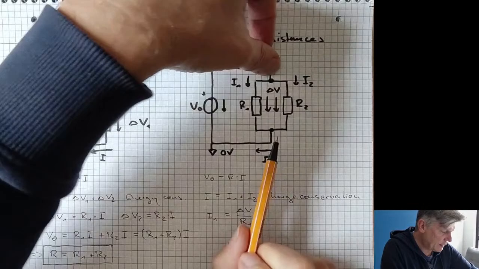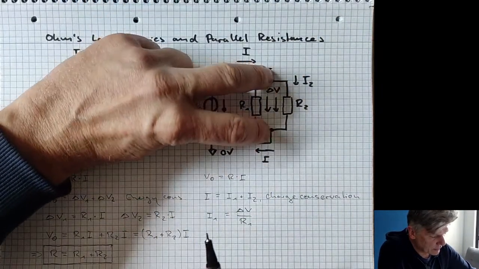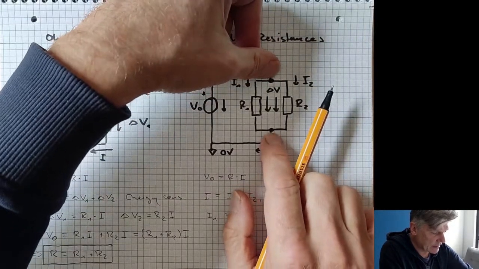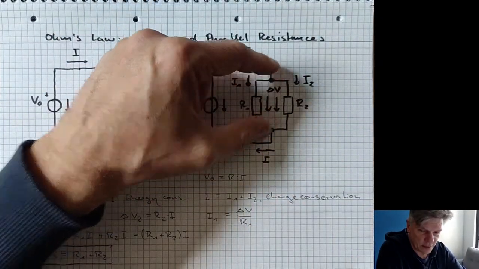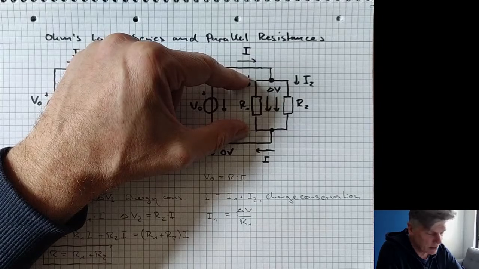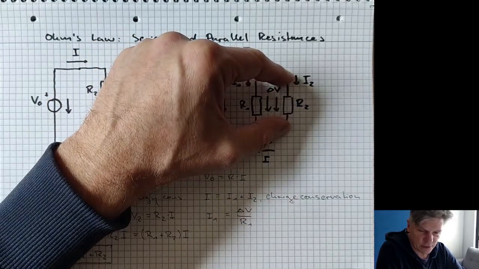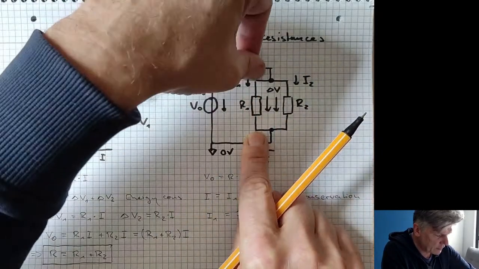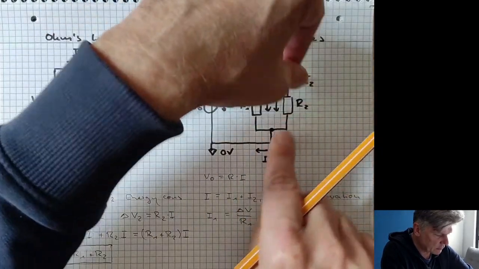But what you can see when you compare these two nodes, these 2 points here, is that they define the potential difference across the resistor R1, but also across the resistor R2, which means this R1 sees the same potential difference as the resistor R2.